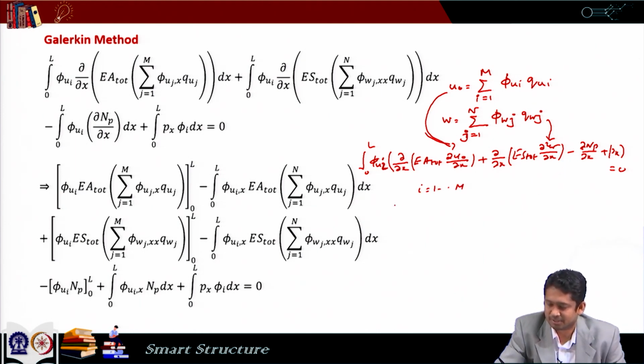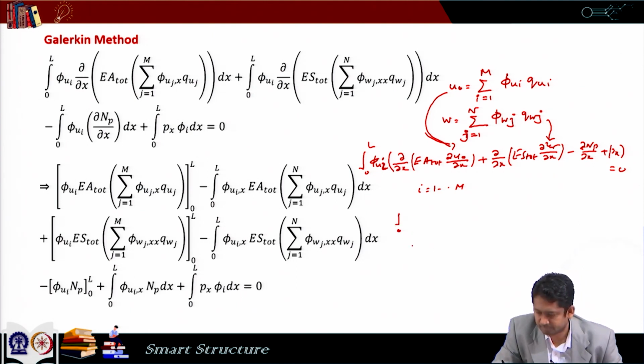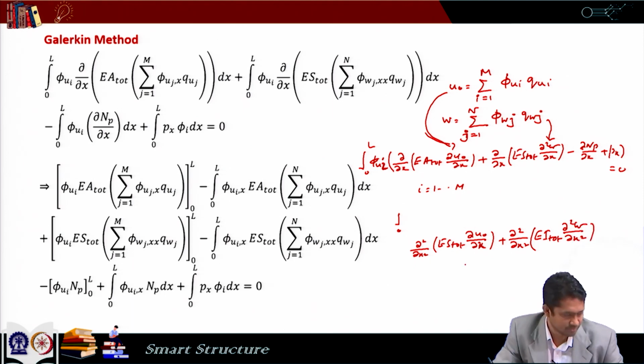Similarly, I have one more equation, and the equation is del 2 w by del x 2 E s total del u0 by del x, plus del 2 w by del x 2 E I total del 2 w by del x 2, and then we have minus of m p minus q z.